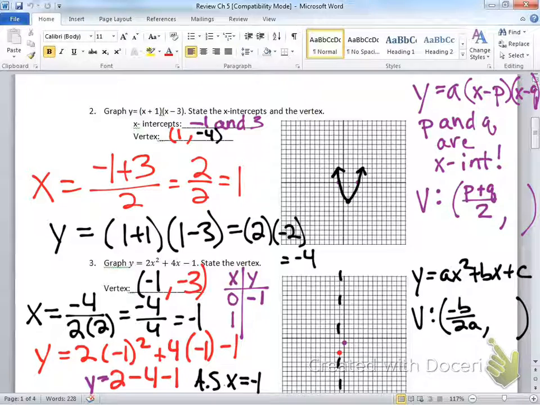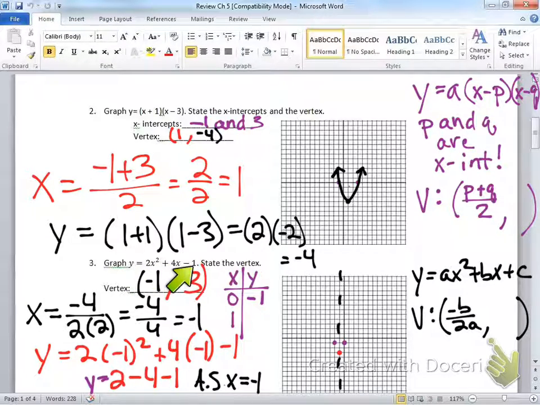And then it's symmetric, so I'm 1 to the right of the axis of symmetry. So if I go 1 to the left of the axis of symmetry, I'm still at -1 for my y. Wait, it's 0, -1. I thought it was 0, 0. I got 0, -1 because it's 0, 0, -1, right?